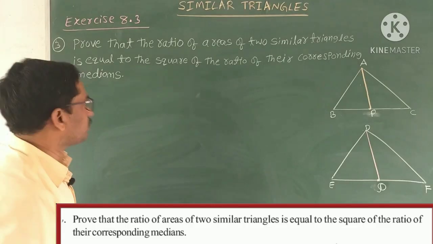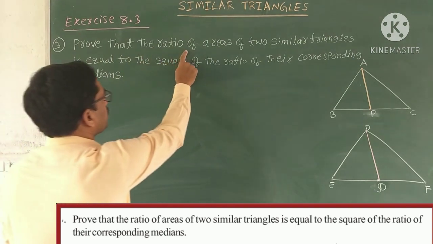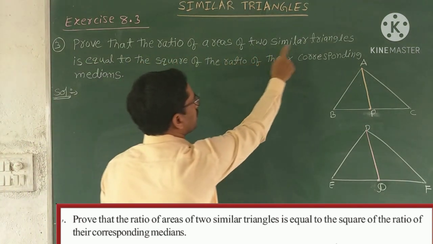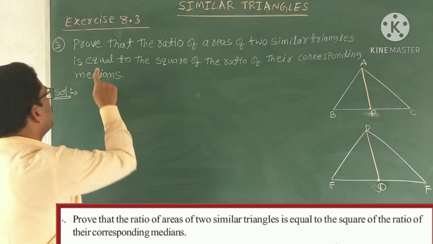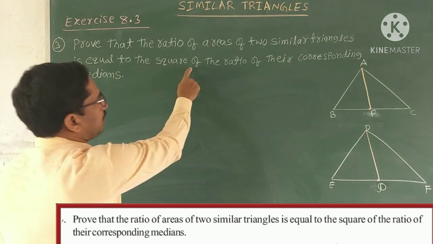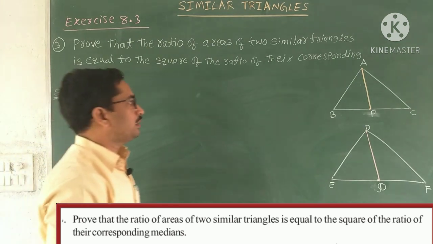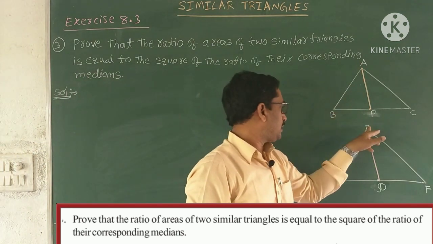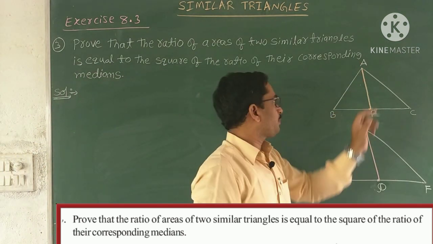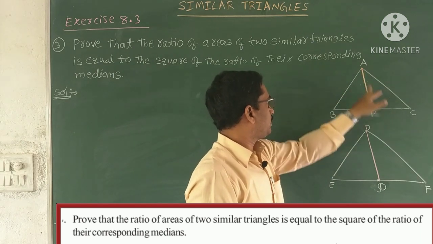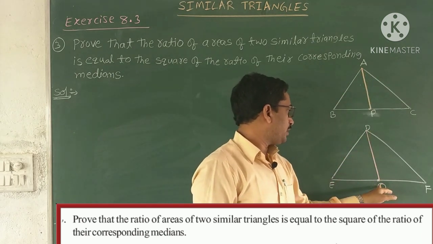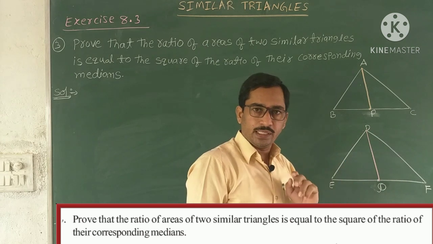Now see the third problem. Prove that the ratio of areas of two similar triangles is equal to the square of the ratio of their corresponding medians. See here, triangle ABC and triangle DEF are two triangles. Here AP is the median of triangle ABC and DQ is the median of triangle DEF. What is the median?